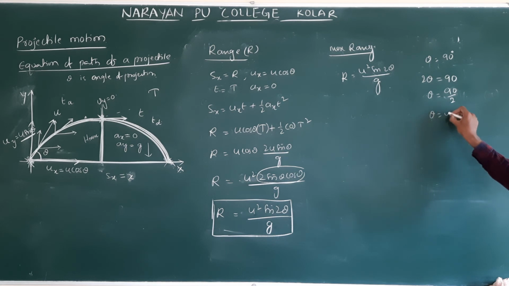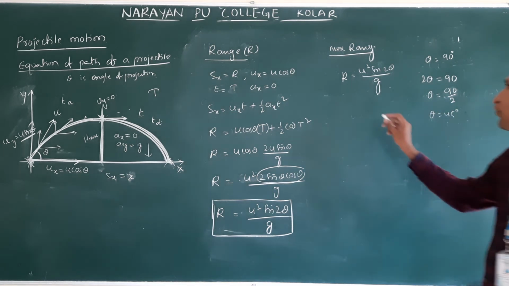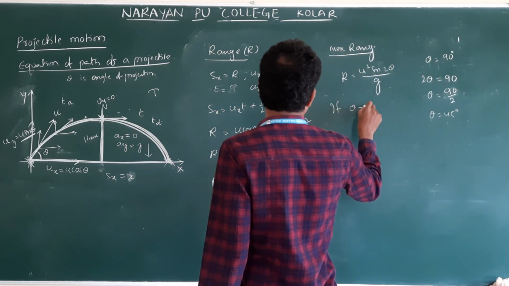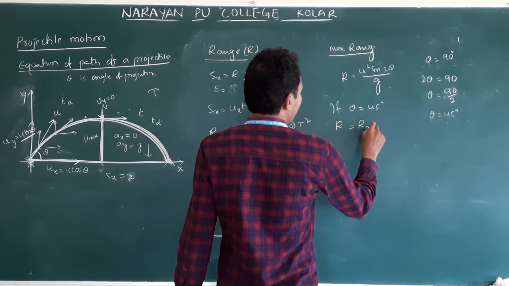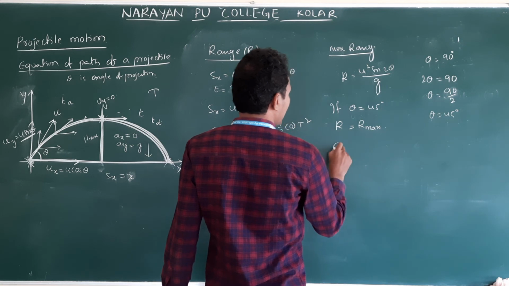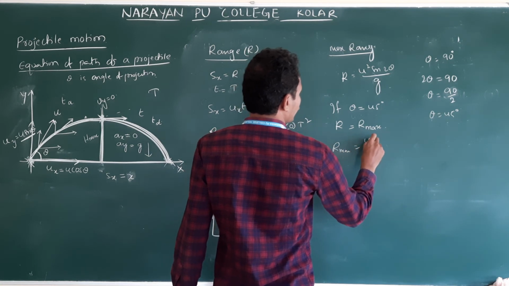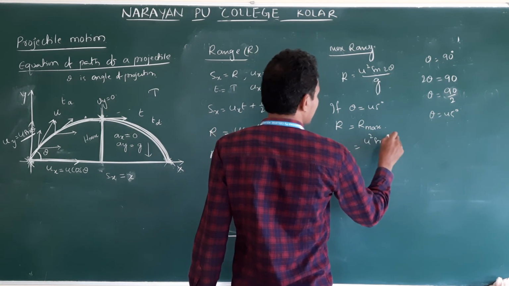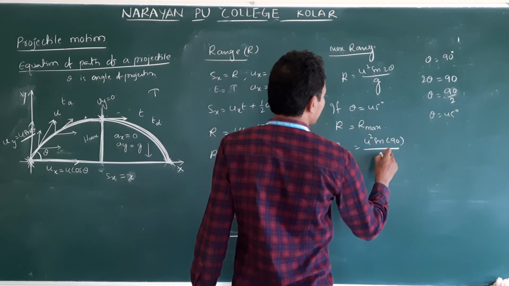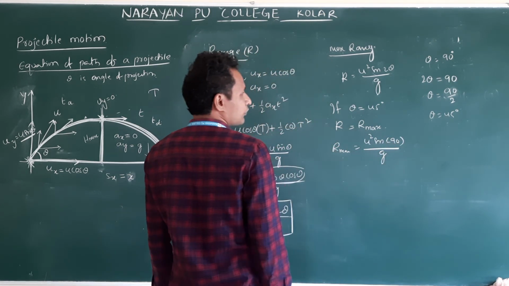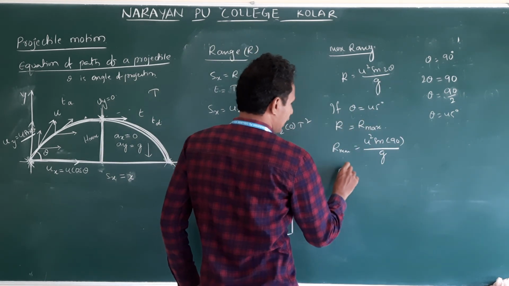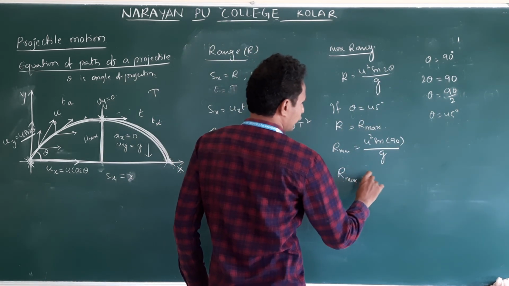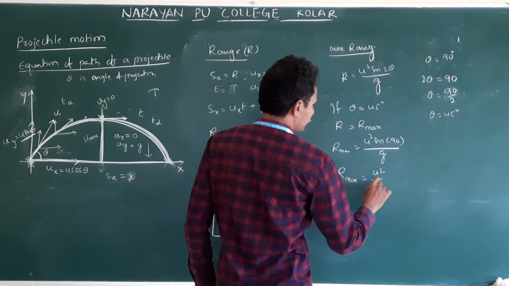So if theta is equal to 45 degree, R will become R max. Then R max is equal to u square sin 90 by g. Clear? 2 into 45 is 90. Then R max is equal to u square by g.